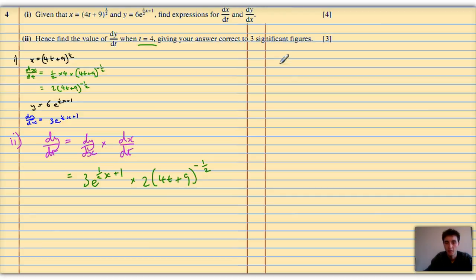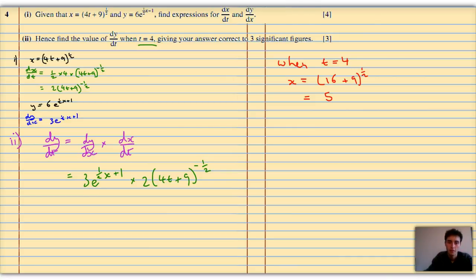So up here I'm going to say when t equals 4, x equals (4 times 4 is 16, plus 9) to the power of half. So x just equals 16 plus 9 is 25, square root that is 5.